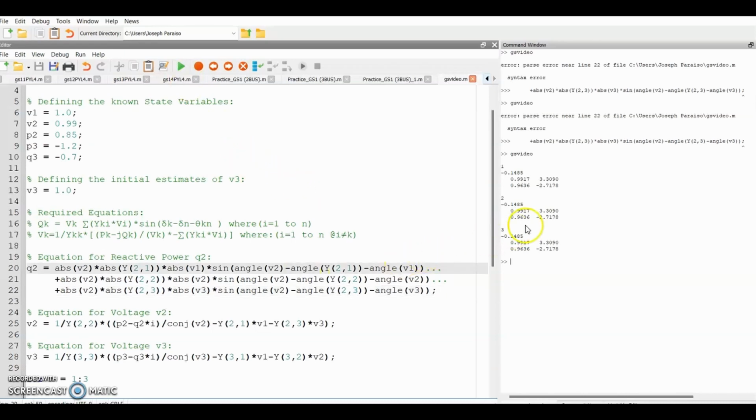Yes. So we have the results of Q2. It is equal to 0.1485. Voltage V2 is equal to 0.9917, angle 3.3 degrees. So that's it. Thank you.